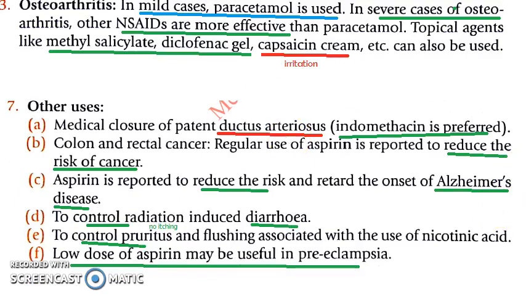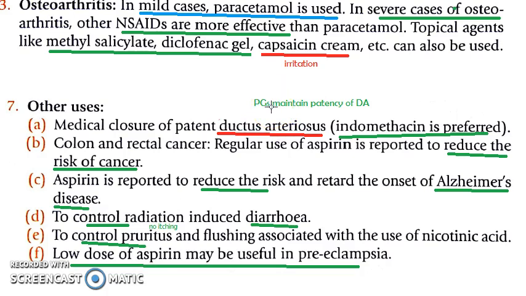See, basically prostaglandins maintain patency of the ductus arteriosus, right? Now you want these prostaglandins to work whenever you want the ductus arteriosus to be open, like in congenital heart disease of a neonate. Then you have to make sure that you won't give aspirin to the child.